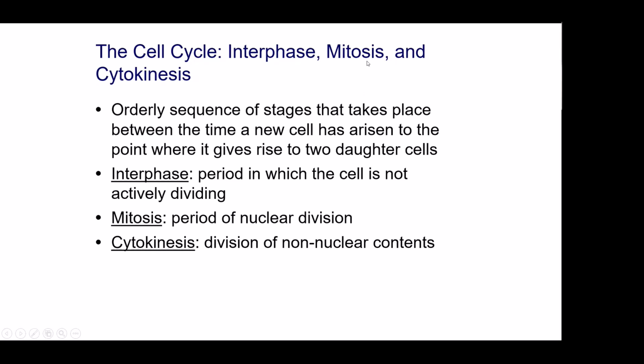Mitosis is the prophase, metaphase, anaphase, telophase, the period of division, particularly of the nucleus, because what we're focusing on is division of the genetic material. And then after the genetic material is divided, we'll also have cytokinesis, the division of the non-nuclear contents, or the division of the rest of the cell.